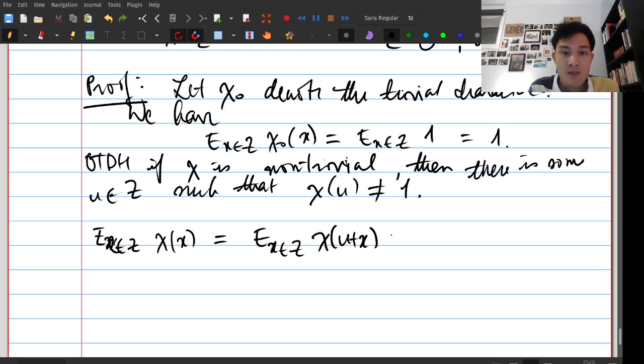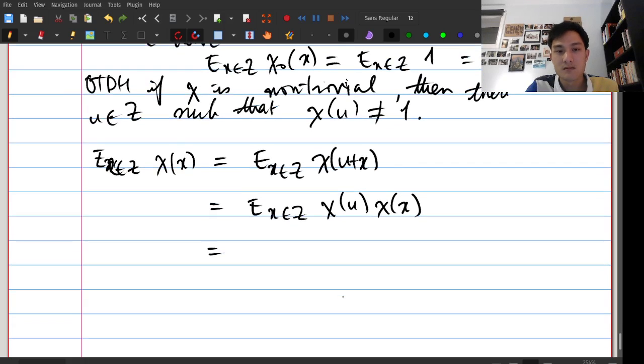Because chi is a homomorphism, this gives us the expectation over x in Z of chi(u) times chi(x). We can do this no matter what, we can just take this out of the sum, so chi(u) times the expectation over x in Z of chi(x).